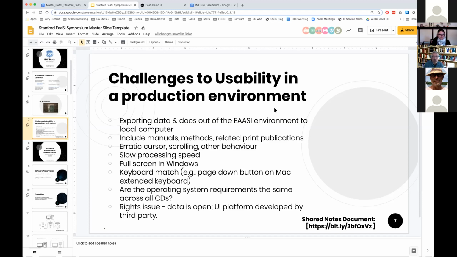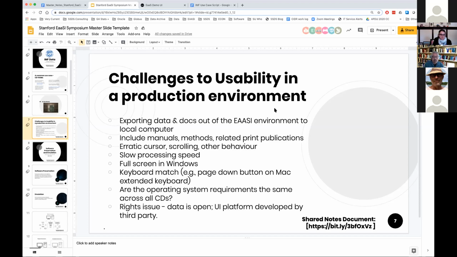At one point I had opened a big PDF file with larger font, and I couldn't read it all the way across because it filled up the entire screen that was available to me. Keyboard mapping: I noticed that, for example, on my Mac extended keyboard, my page down and page up buttons wouldn't work in the Windows environment. So it's just another little thing to think about for all of our users.